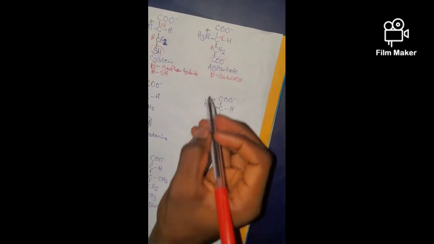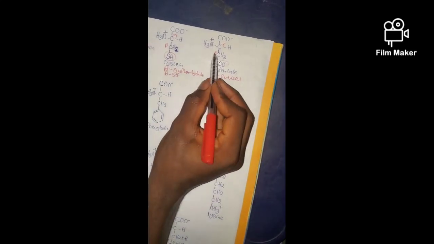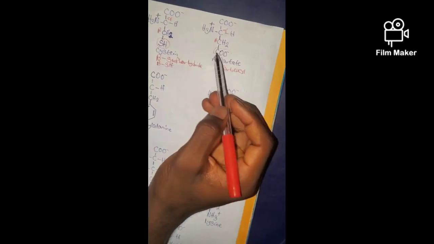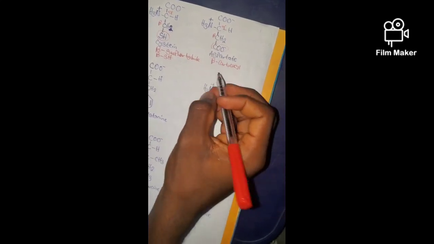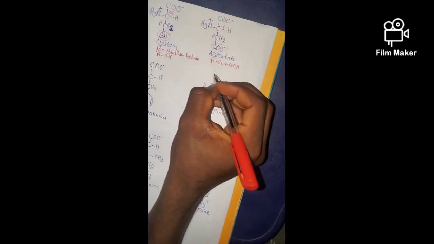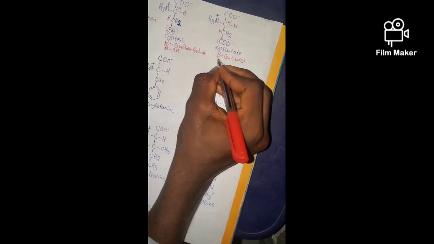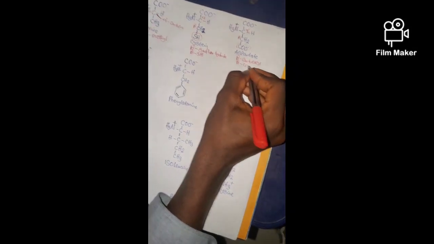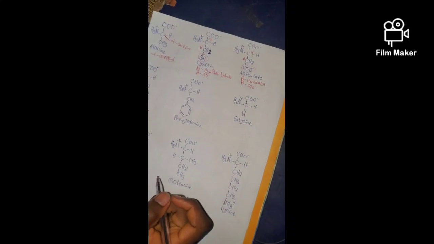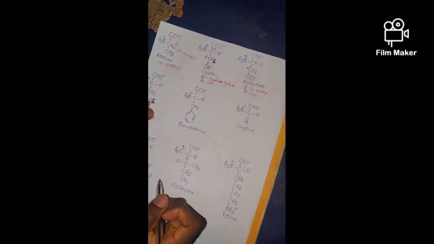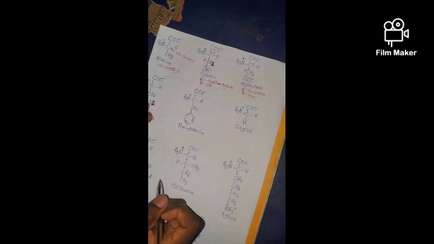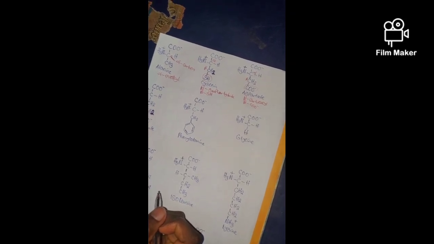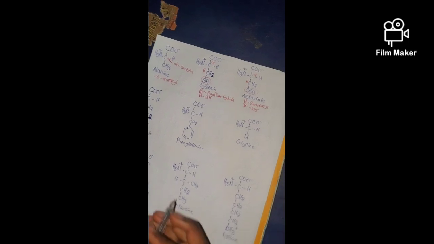Are you getting it? Beta carboxy. So this is just a short way to remember the structure of aspartate, or you can just say beta COO minus.